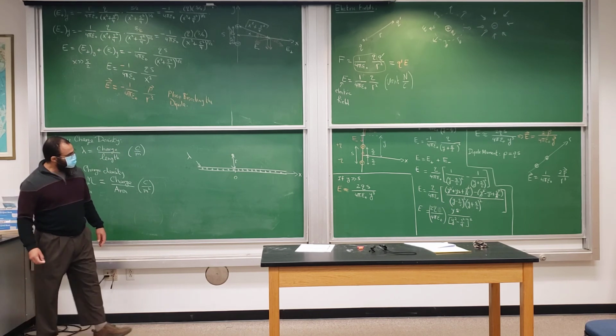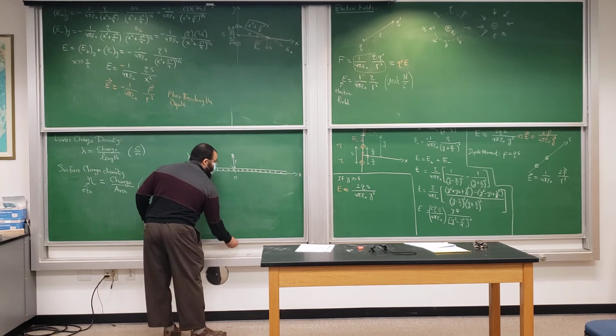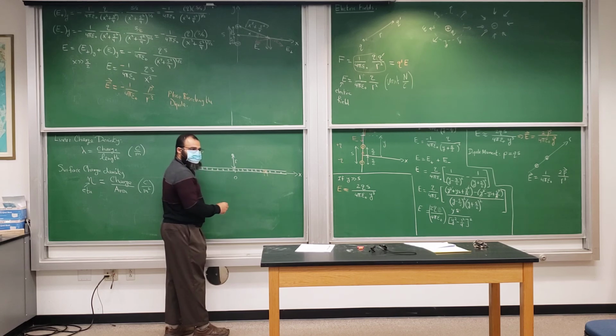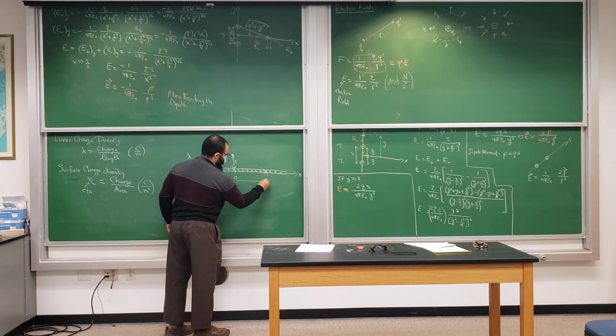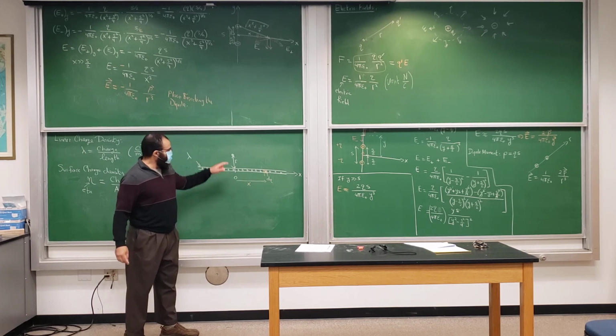So the way you do it is you say, okay, let me say I'm right here at this particular portion. There will be a certain amount of charge within this width of dx. Right here, this is x. There will be a small charge dq here, and it will produce an electric field at this point.